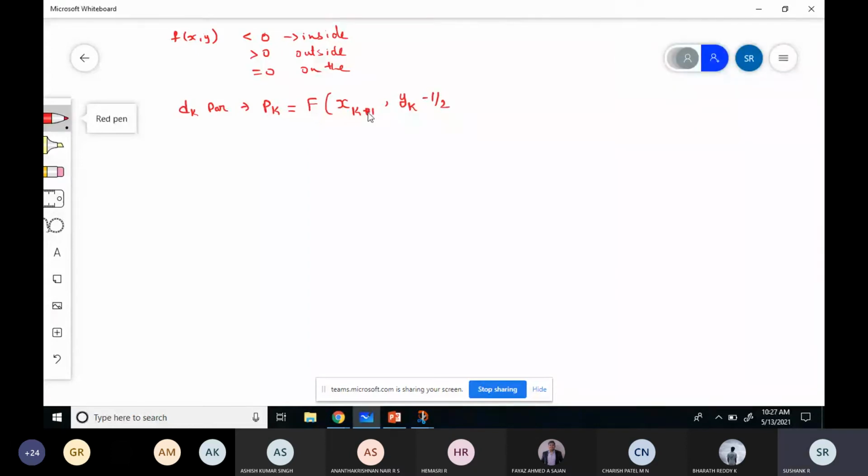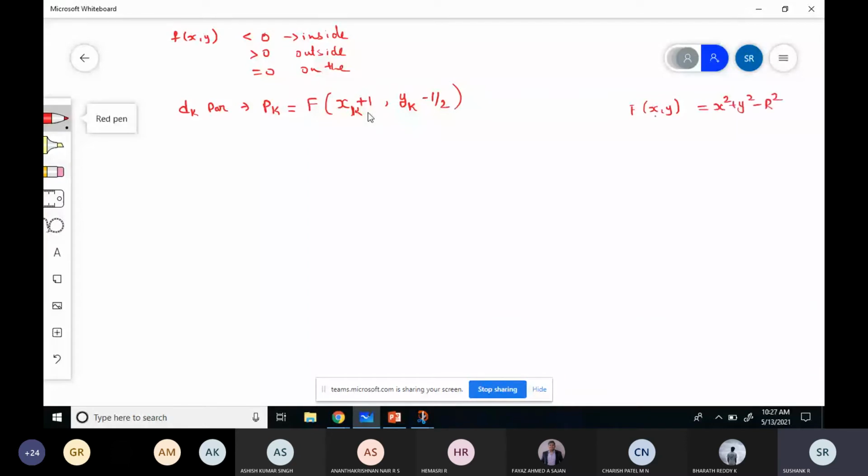That is xk plus 1, yk minus half. The function f of x comma y means x square plus y square minus r square.